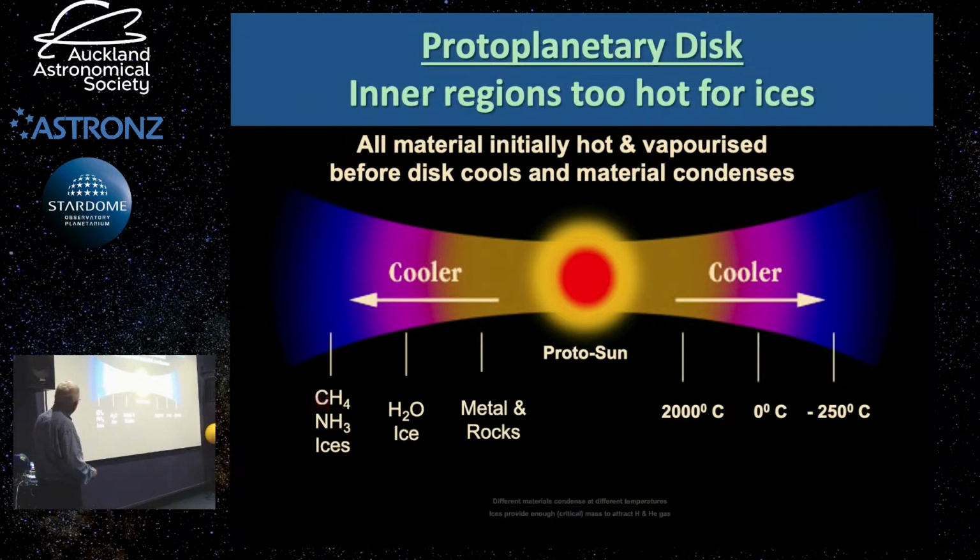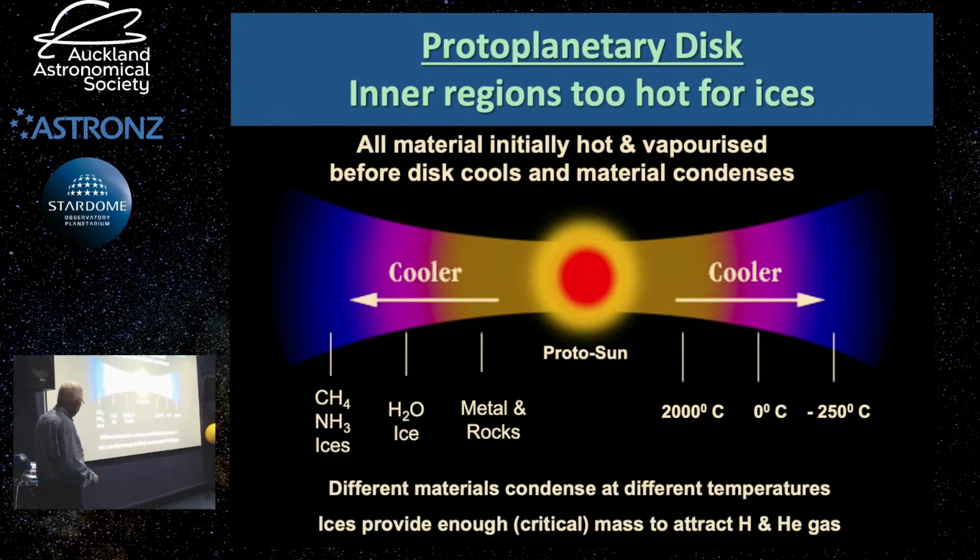So here's the catch: as I've described, different materials condense out to solids at different temperatures. So you're going to get metals and rocks right throughout here, but anything out here, you're not going to get any of your ices until out here. And what happens is they've all got their nice little rocky centre, all the planets, the whole way through.